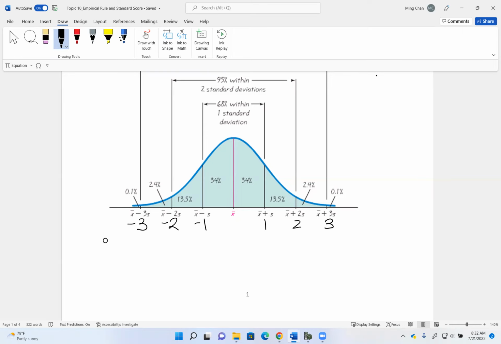So in a different axis, called the z-axis, we standardize every single problem. The mean is always going to be 0.